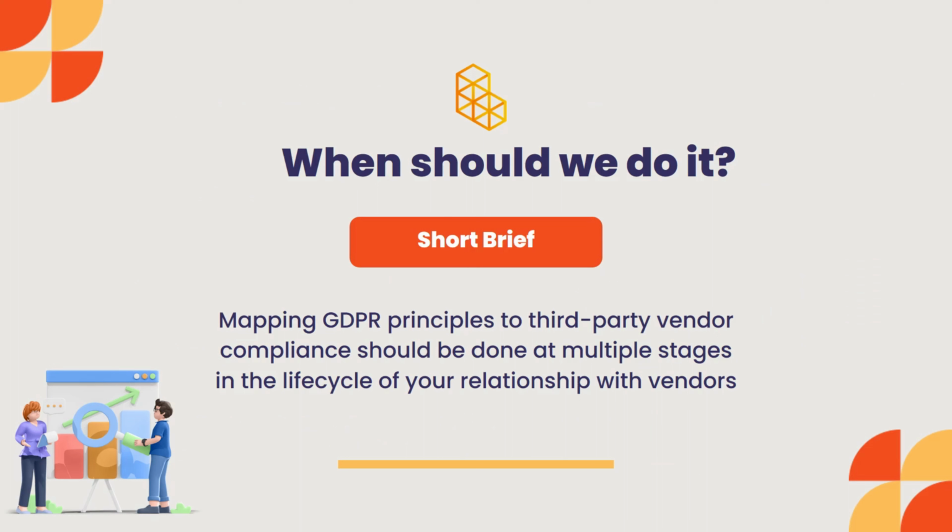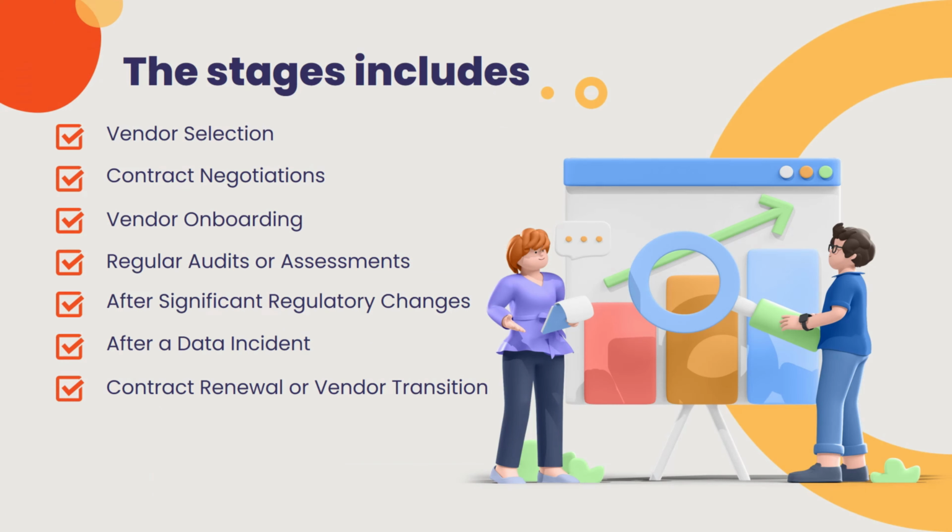So when should we do it? Mapping GDPR principles to third-party vendor compliance should be done at multiple stages in the life cycle of your relationship with vendors. So these are the stages I'm going to explain.